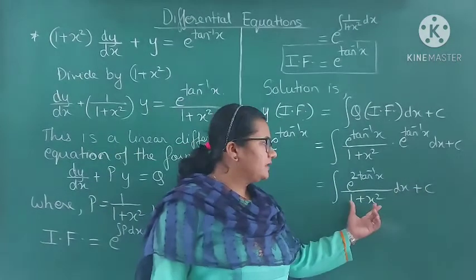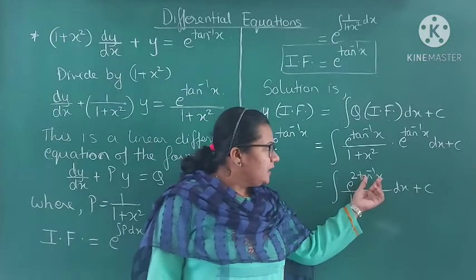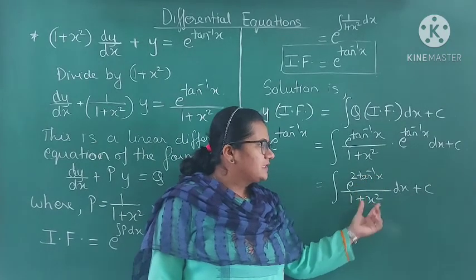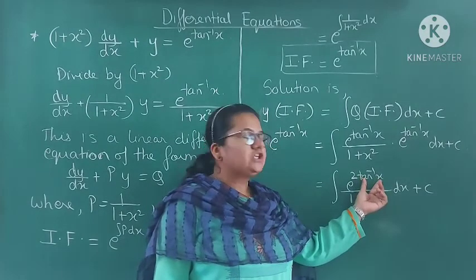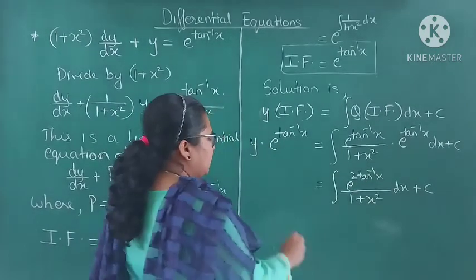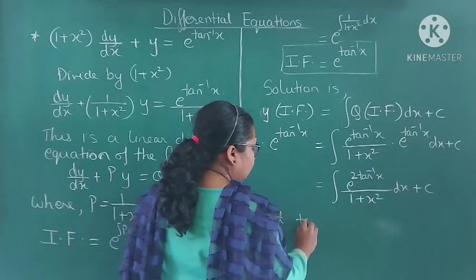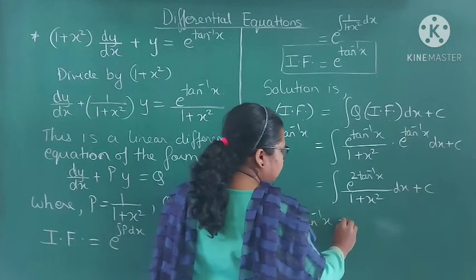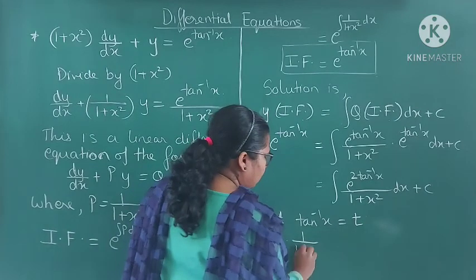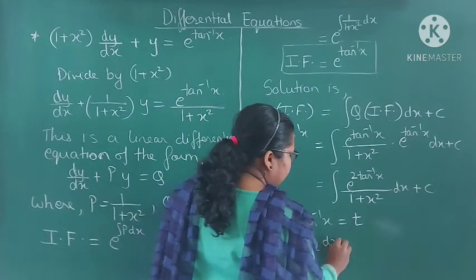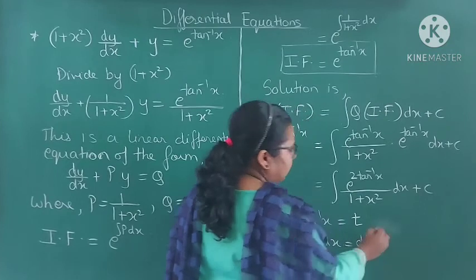Now we have to integrate this function. So we know that the derivative of tan inverse x is 1 upon 1 plus x square. So here we need to substitute tan inverse x. So let tan inverse x equal to t, therefore 1 upon 1 plus x square dx will be equal to dt.